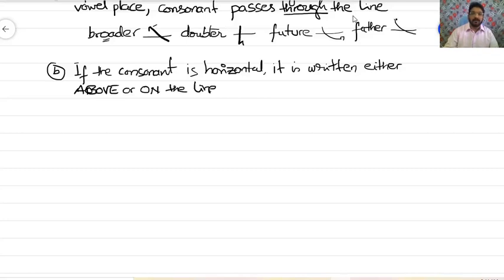What are horizontal consonants? K, G, M, N. Ing generally does not come as a starting stroke. So K, G, M, N. When they are doubled, if it is first place above the line, if it is second or third place, they are written on the line.